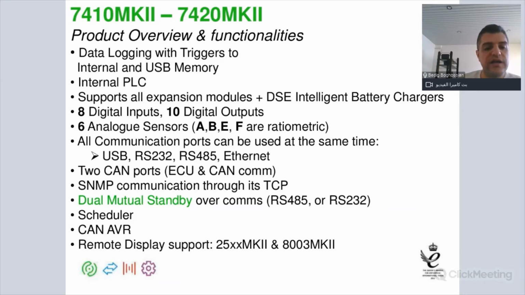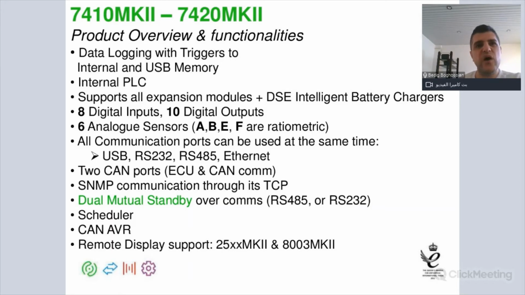Additional to the RS-232 and RS-485, it has an Ethernet port. The Ethernet port serves for TCP communication, TCP Modbus, as well as SNMP. So one of the points here, you can see it supports SNMP communication.